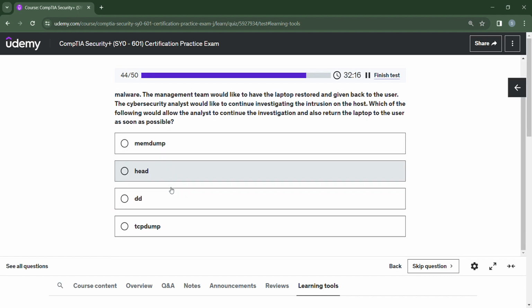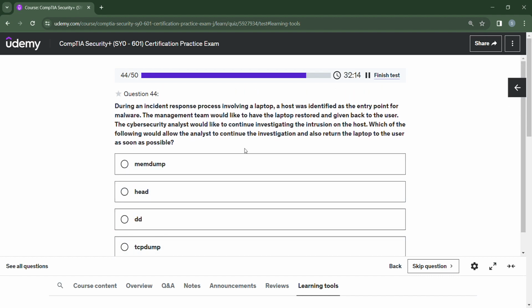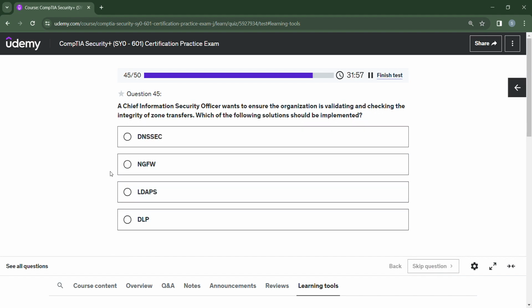It's not head. Have the laptop restored and given back to the user, but the analyst would like to continue investigating. So DD creates a copy. So does memory dump. Actually, no. I think it's DD.